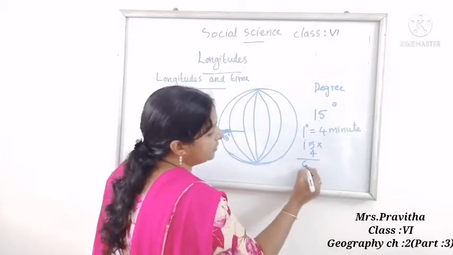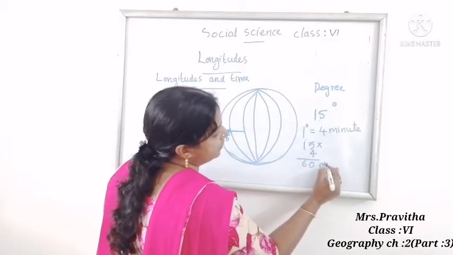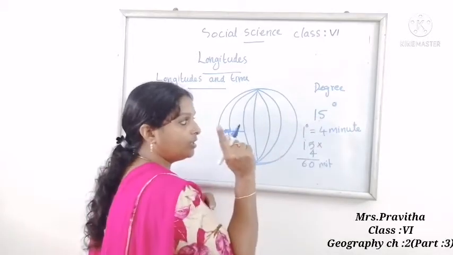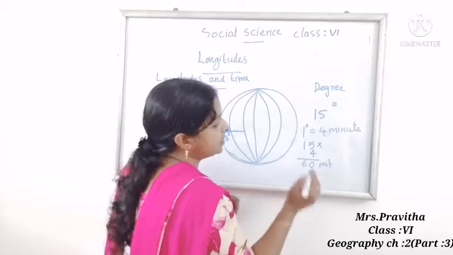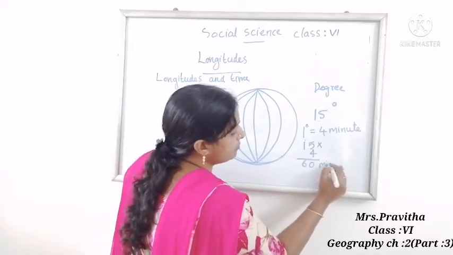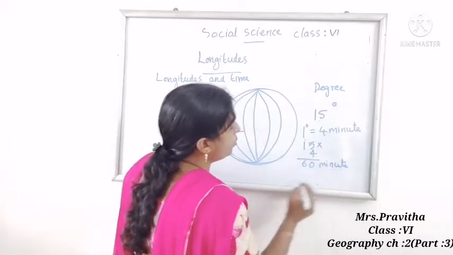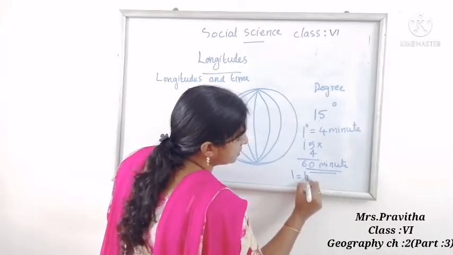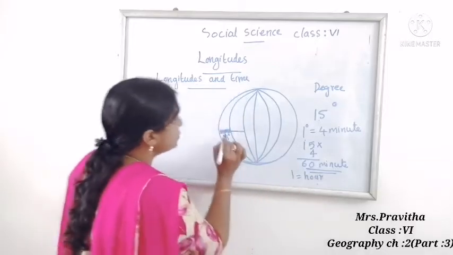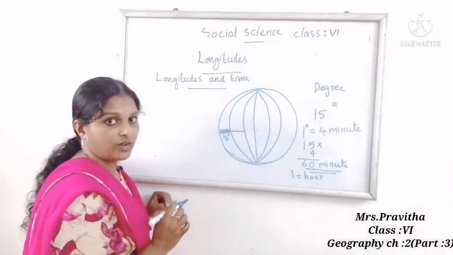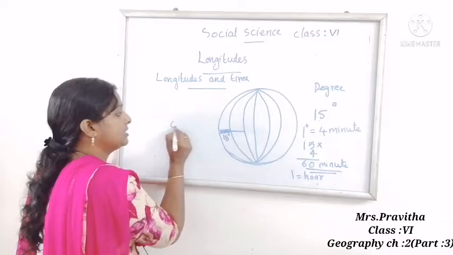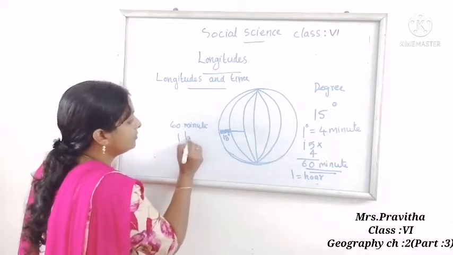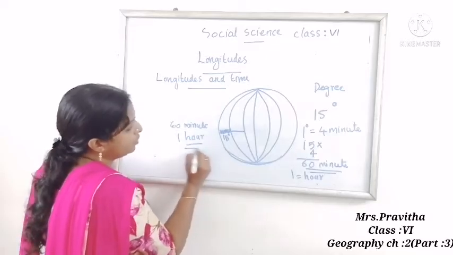It will be 60 minutes. 60 minutes equals 1 hour. So each longitude difference is 60 minutes, or 1 hour. 60 minutes equals 1 hour, that you know.